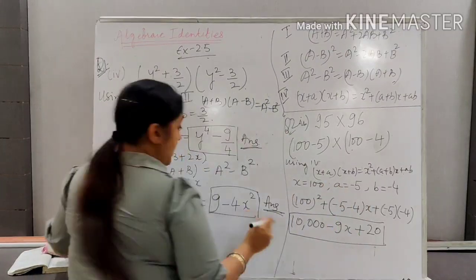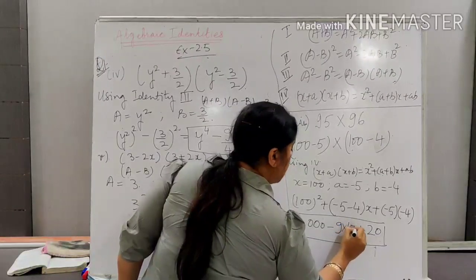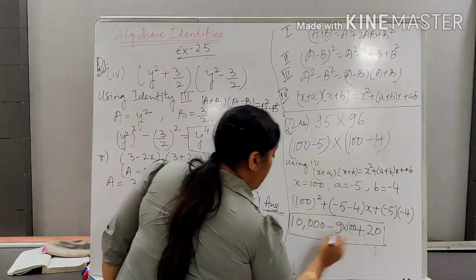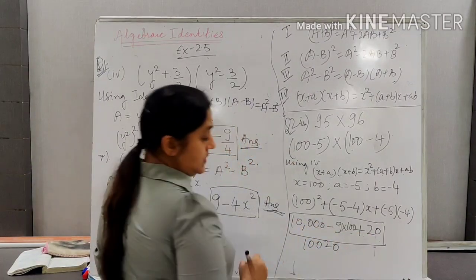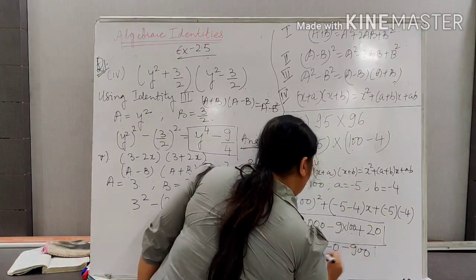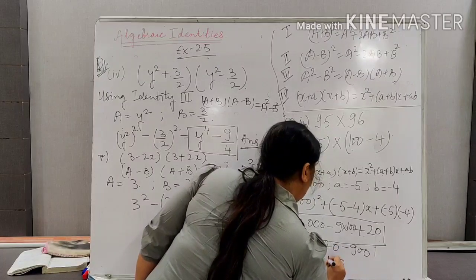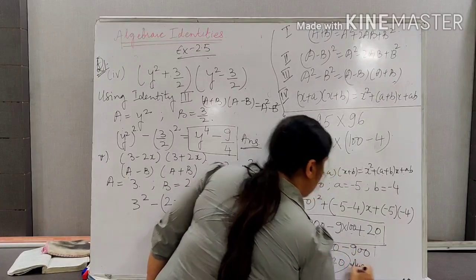X is 100, so I have to put the value of x here. So I will write minus 900. Got it? You add up, you get 10,020 minus 900, and what will be your answer? 9120 is your answer. Got it?